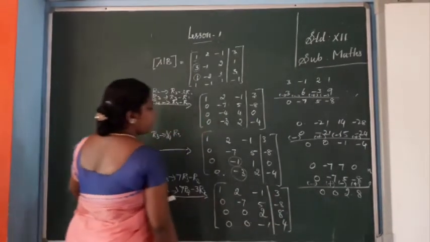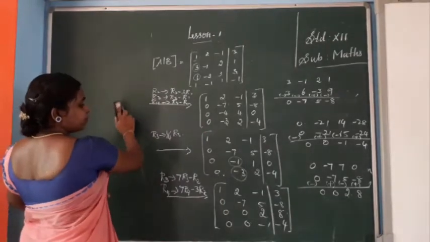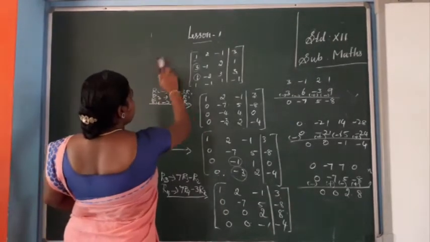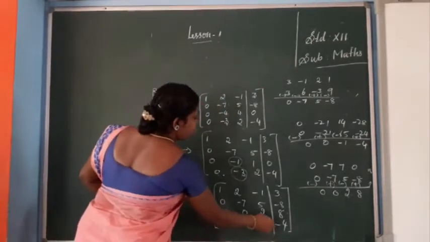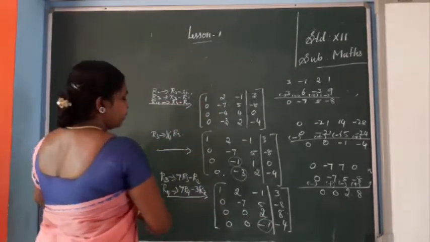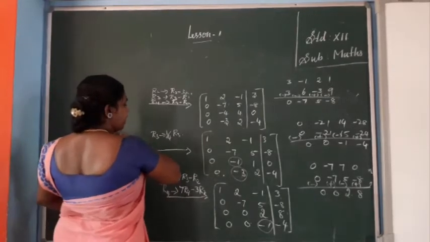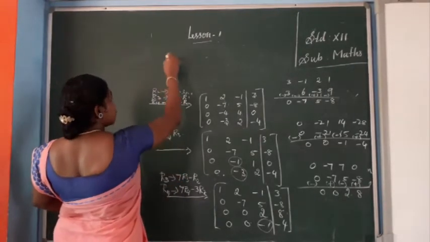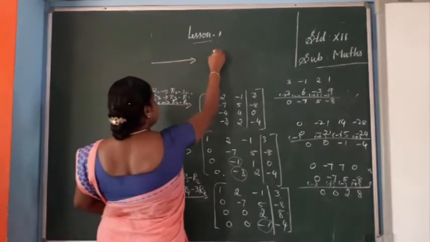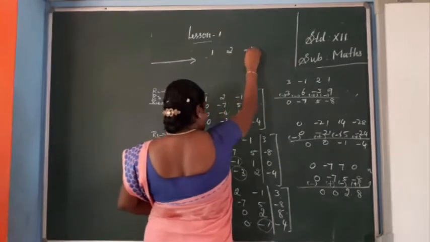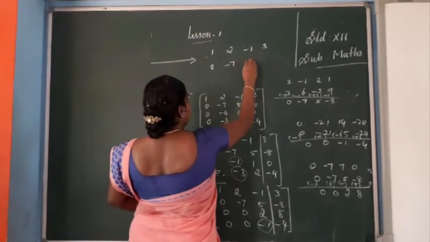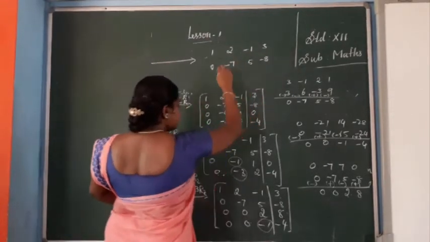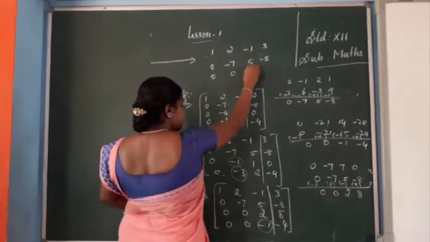One more step you have to do. Next step, instead of minus 1, we need 0, isn't it? So first 3 rows, no change: 1, 2, minus 1, 3, 0, minus 7, 5, minus 8, 0, 0, 2, 8.